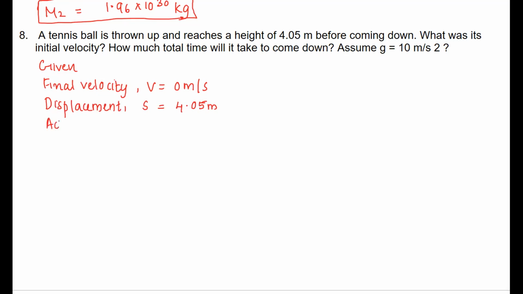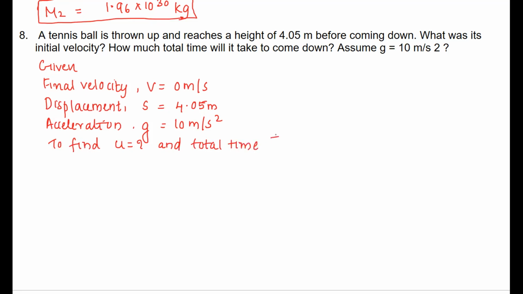Acceleration due to gravity, that is g is equal to 10 meter per second square. We have to find initial velocity, that is u, and total time taken by the object, total time T.